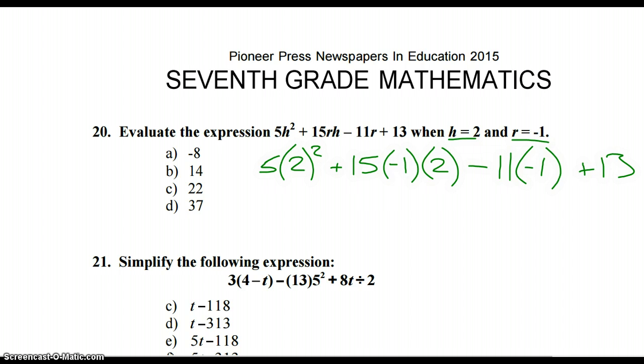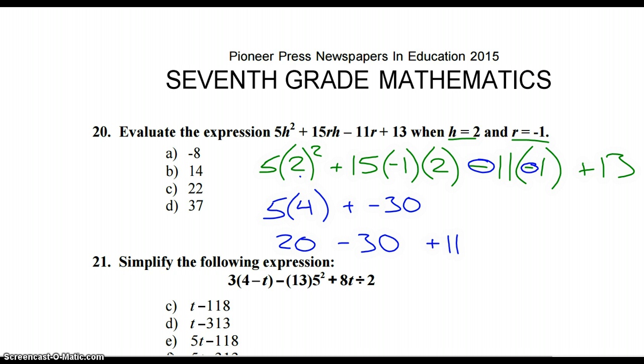So 2 to the second here is 4, so really we have 5 times 4, which is 20. Plus 15 times negative 1, that's negative 15 times 2 is going to be negative 30. So I could just say minus 30 or plus negative 30, doesn't matter. I like to say negative 11 times negative 1. So this is really going to be plus 11 and then plus 13 at the end.